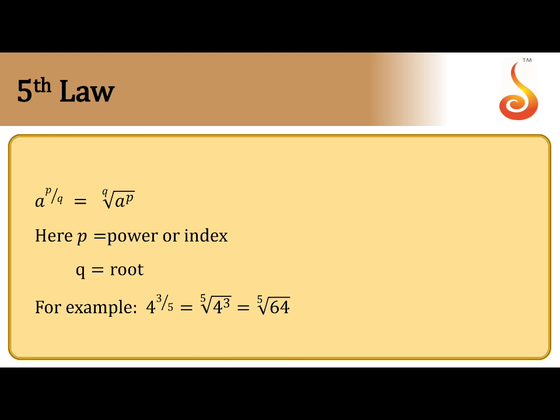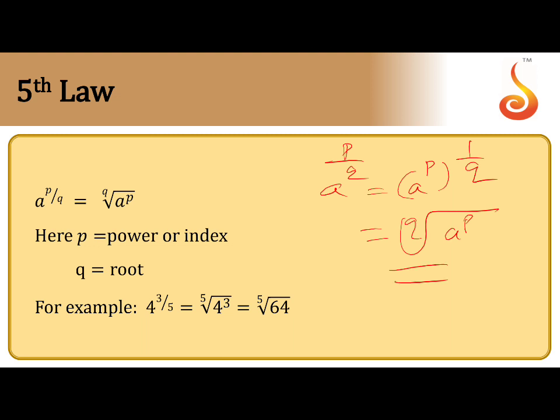So a power p by q equals the qth root of a power p. Here a power p by q can be written as a power p whole power 1 by q. Now this is the qth root. So the qth root of a power p, where p is the power or index and q is the root.